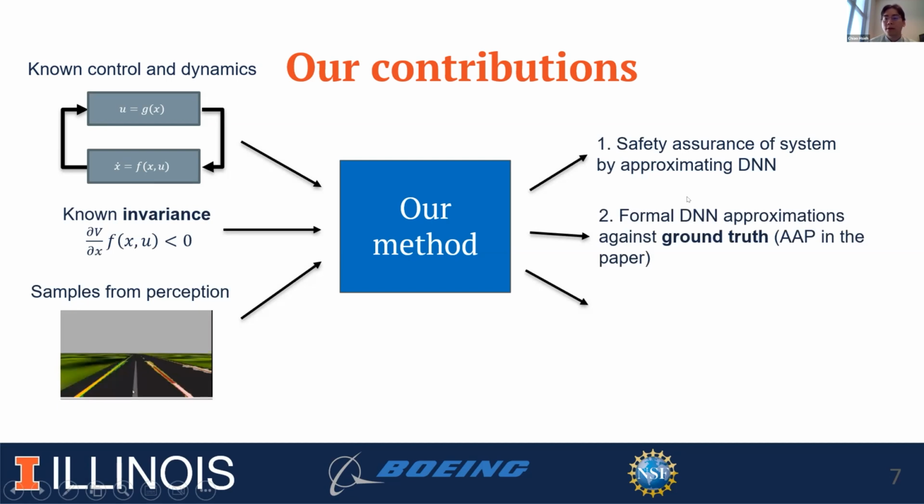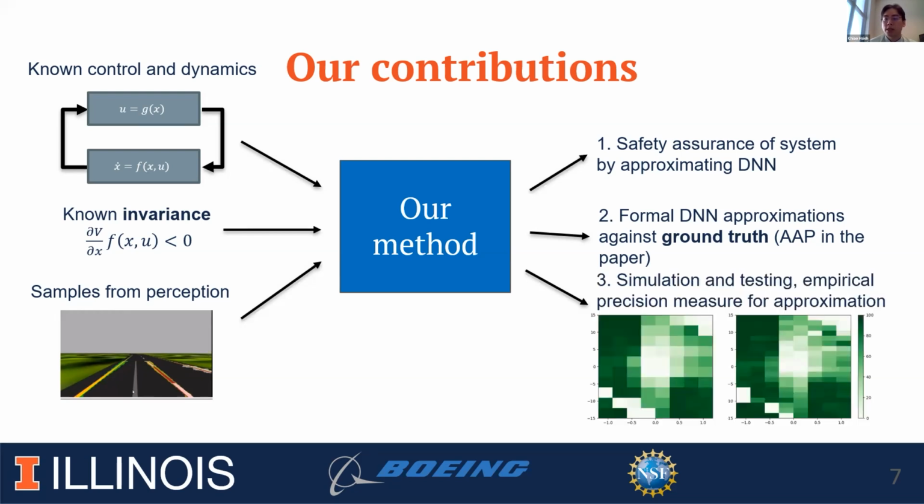Second, we derive this formal DNN approximation against the ground truth, and we coined the term approximate abstract perception in our paper. Finally, we also use simulation testing to empirically measure the precision of our approximation with respect to the actual perception pipeline.